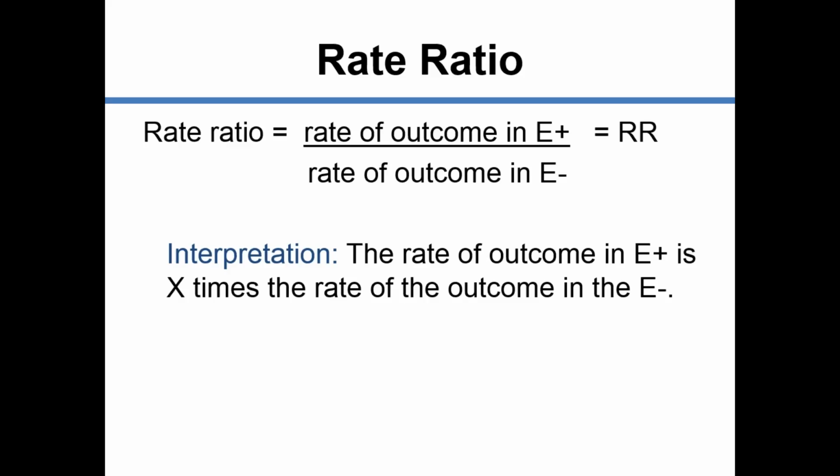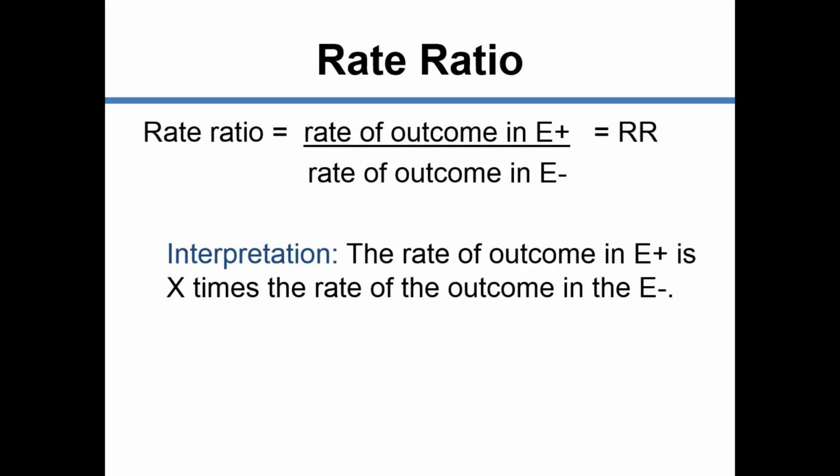Rate ratio. Instead of the ratio between the risk in the exposed and the risk in the unexposed, it's the ratio of the rates in the exposed and the rates in the unexposed. And it's really not hard. You'll see RR, and sometimes you'll wonder, is that the rate ratio or the risk ratio? The interpretation is so similar that sometimes you should just keep reading the paper and not worry about the distinction. It depends on how deep you want to get into it.